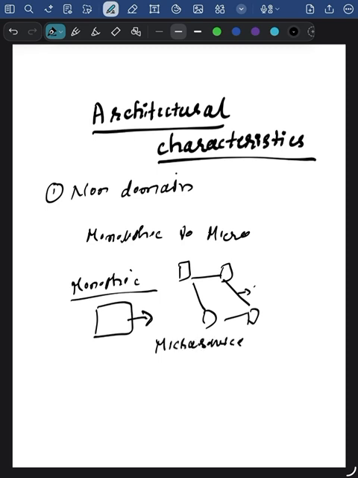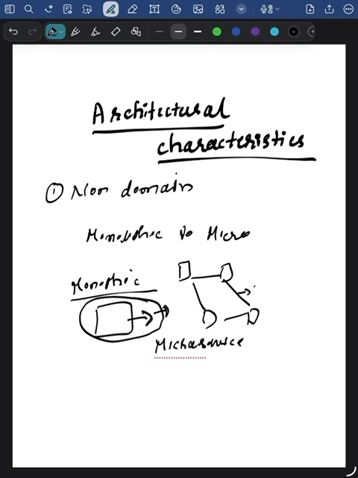Now, how is the architectural characteristic impacting here, right? When we were in monolithic, we were having issues handling more customers or more traffic per hour, those kinds of issues.